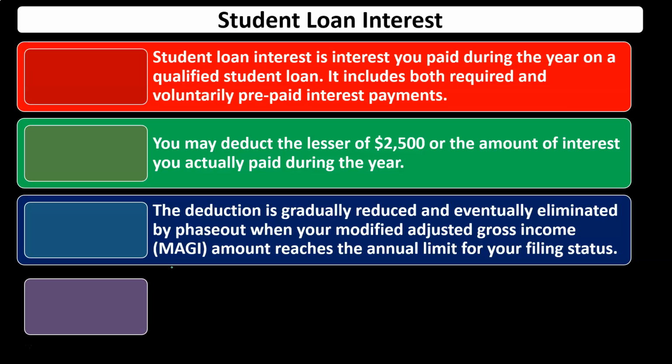So that's what the modified is. So really, usually, the modification is fairly small, meaning you would take the AGI possibly before the student loan interest. You can kind of rely on the AGI as the number that you're going to use to determine whether or not the income is high enough to reach the phase out to see whether or not it's going to be reduced.